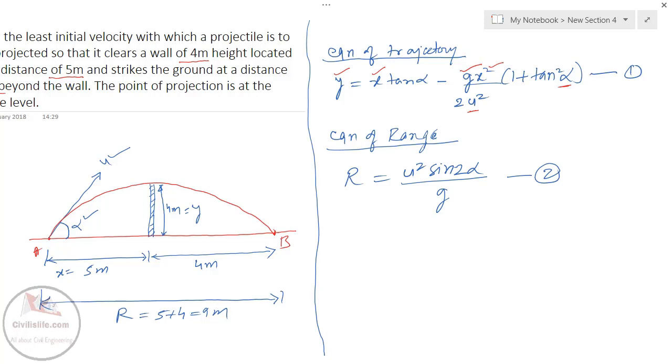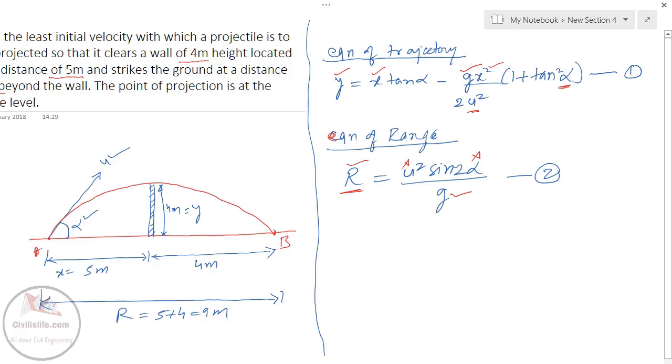Then coming to the equation of range. Here R is given, but u is not given, alpha is not given, and g is known to us, that is 9.81. So again here also the unknowns are u square and alpha, and in equation 1 also the unknowns are u square and alpha.